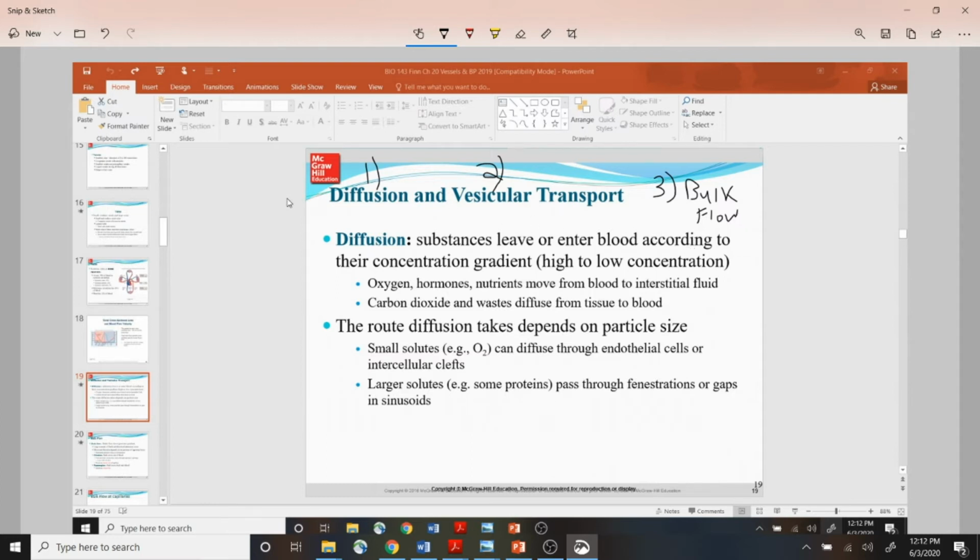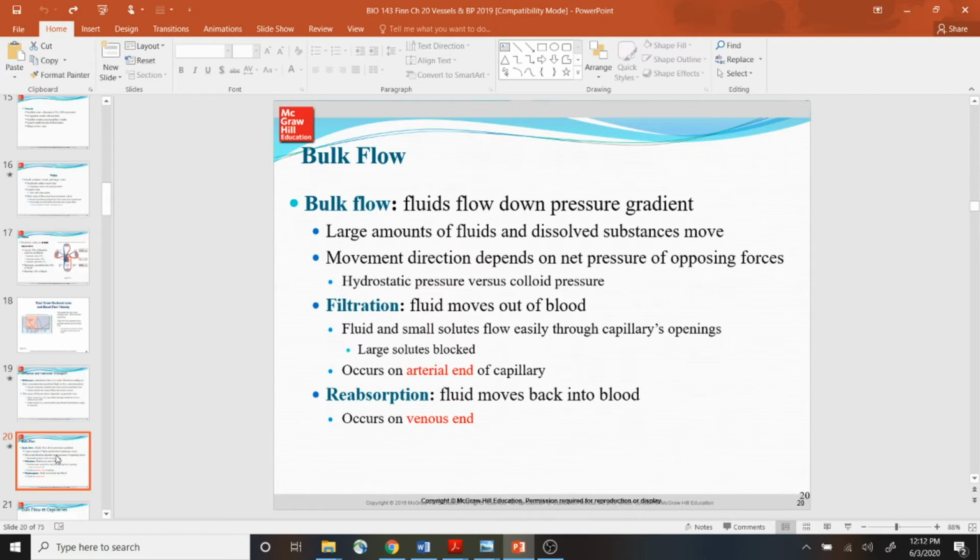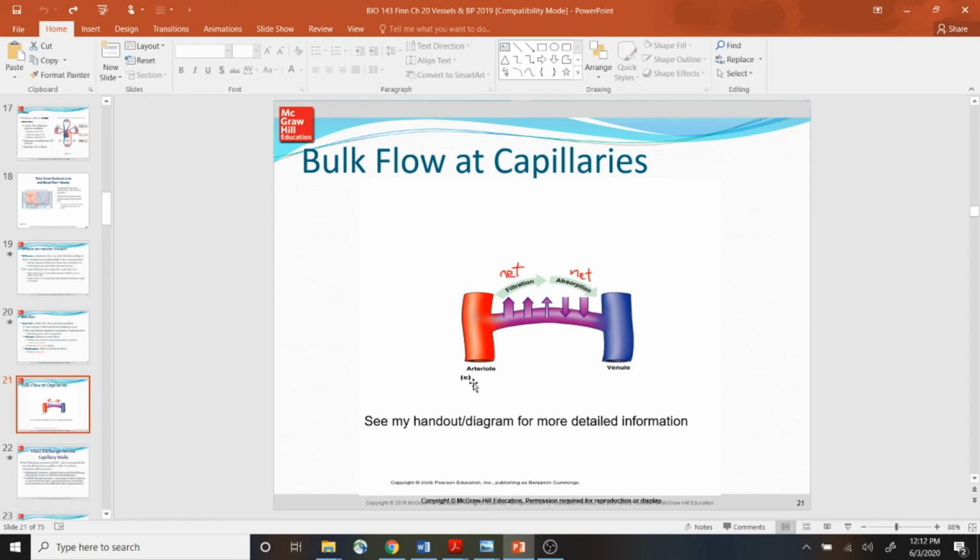You've already talked about diffusion, but we're going to look at bulk flow because that's interesting in terms of how it works and important to mention. With bulk flow, we're talking about fluids moving down a pressure gradient from high pressure to low pressure. And by the way, if you look at it, this is a capillary bed here, a simply drawn capillary bed.